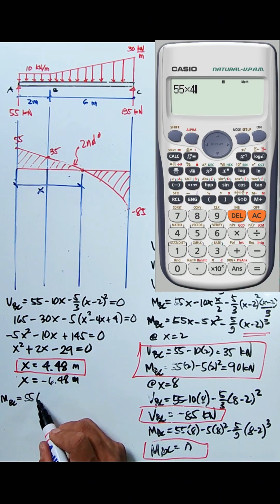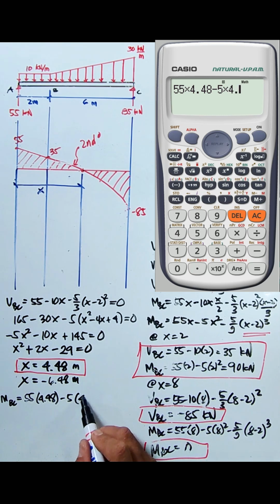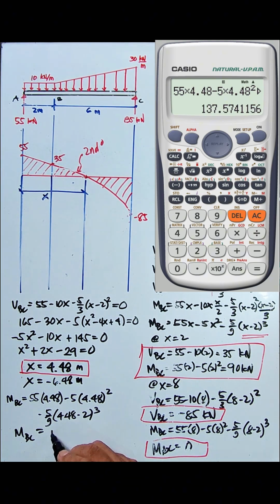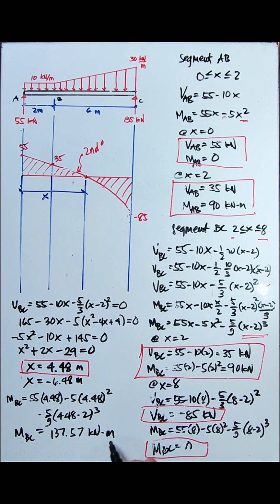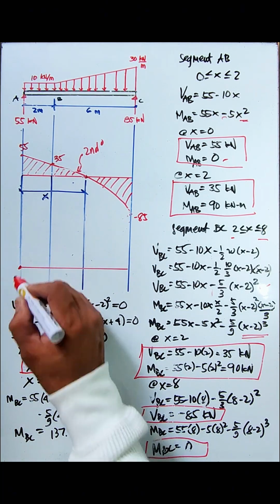55 times 4.48 minus 5 times 4.48 squared minus 5 over 9 times (4.48 minus 2) cubed. Moment is 137.57 kN meter. Okay, so we'll draw the moment diagram. We'll start with this one as 0.